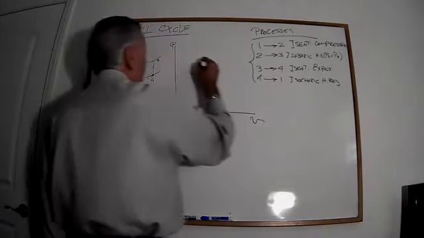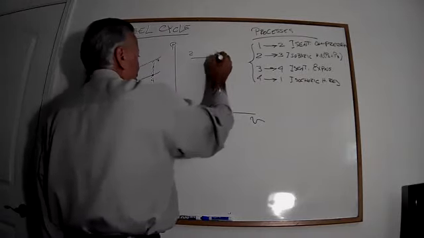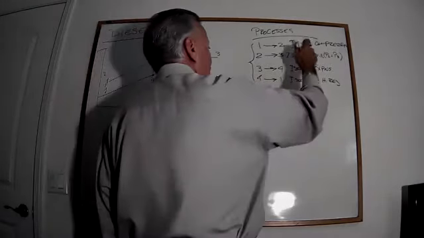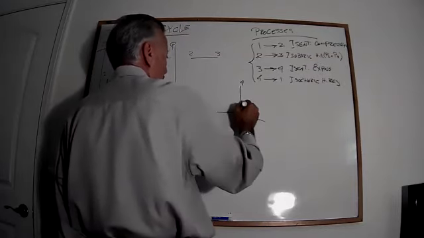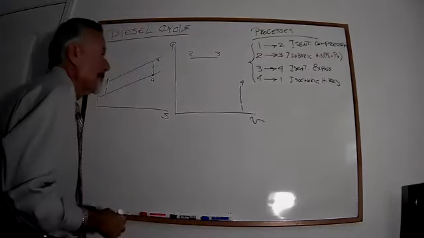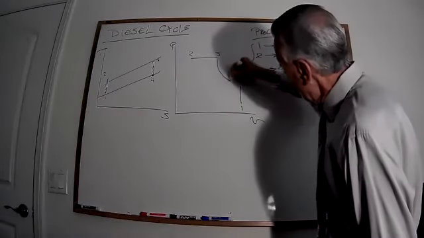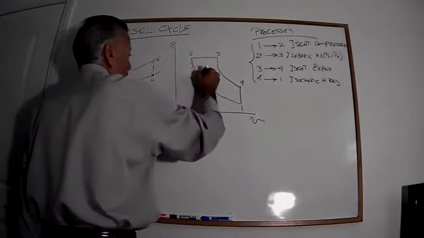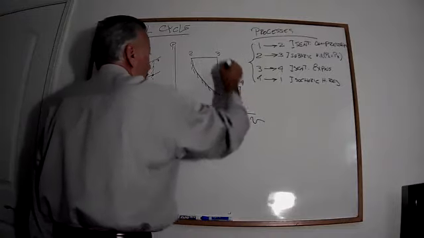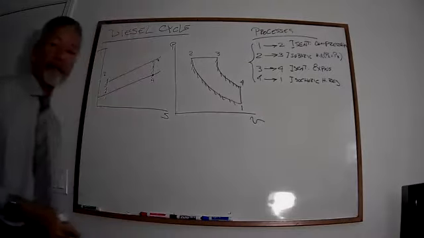Process 2 to 3, isobaric. 2, 3. Process 4 to 1 is constant volume. 4 and 1. So connecting them, that's isentropic part. That's the PV diagram.